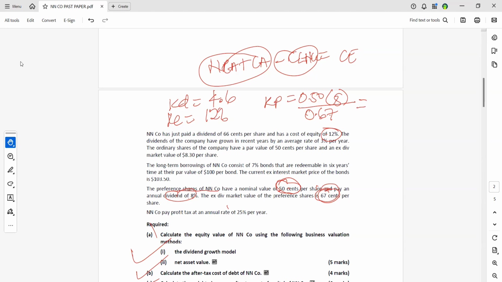So what answer are we getting? 0.50 of 8 will give me 4. So I have 4 divided by 0.67. What answer are we getting? Can somebody help? 4 divided by 0.67.